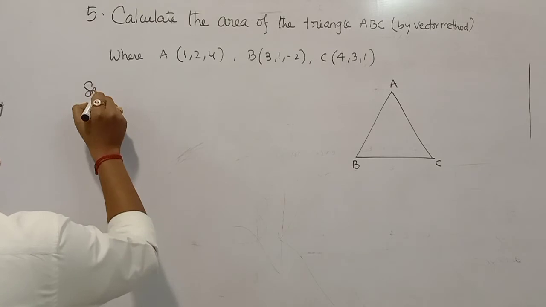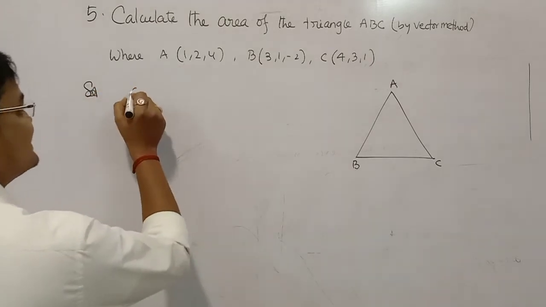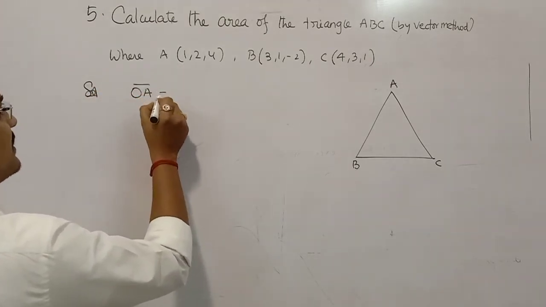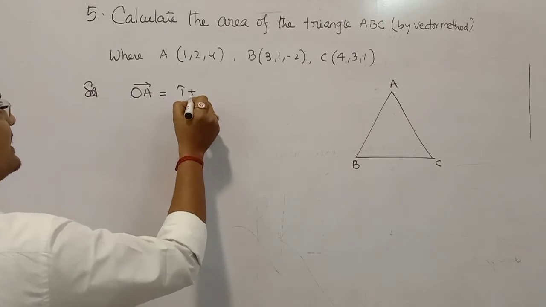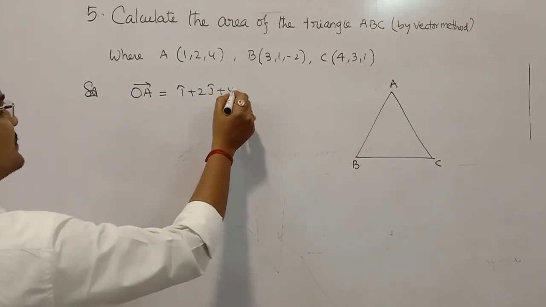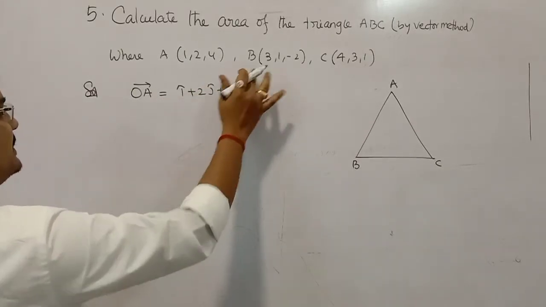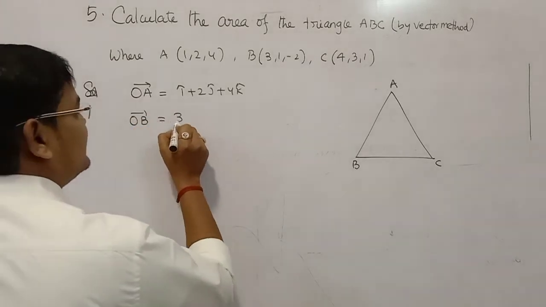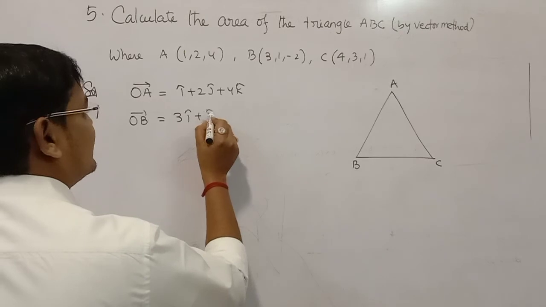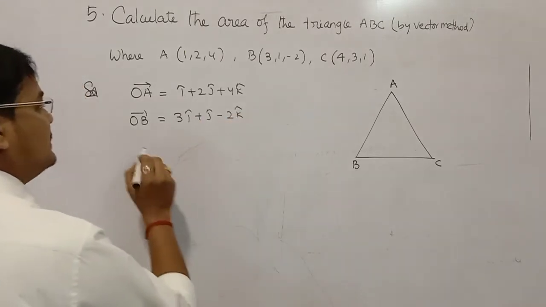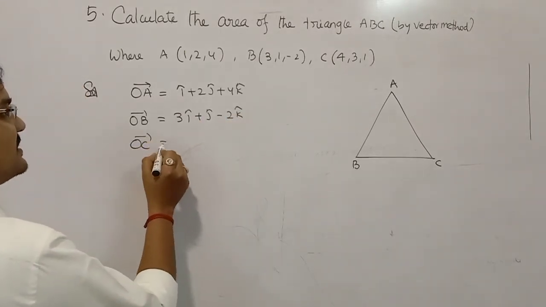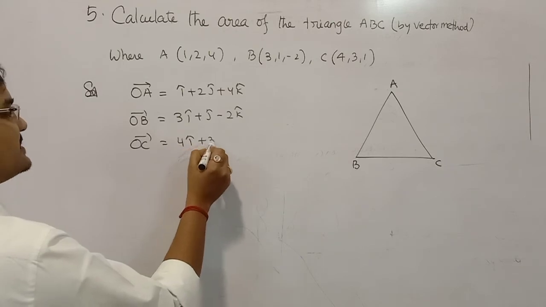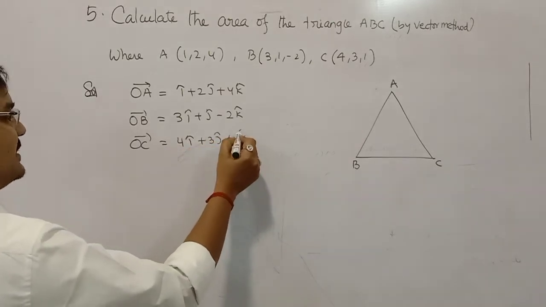So what is given? First of all, observe that when a vertex is given, you consider it a position vector. OA bar is equal to i cap plus 2j cap plus 4k cap. And B is given, meaning OB bar is equal to 3i cap plus j cap minus 2k cap, and OC bar is equal to 4i cap plus 3j cap plus k cap.